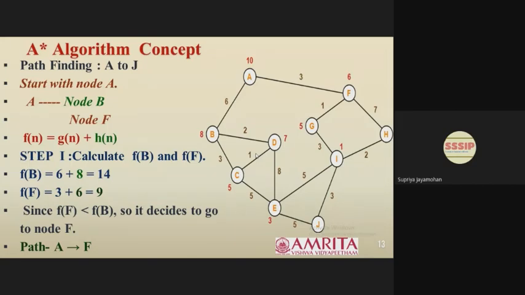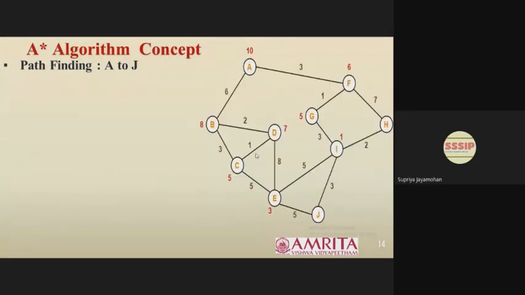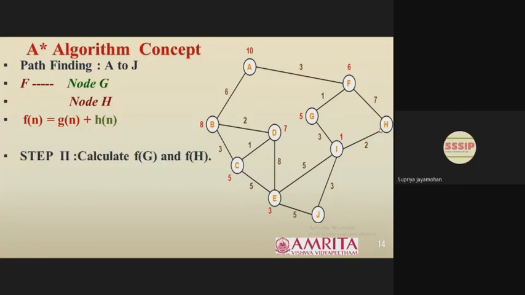So we move on to the next node. How are we going to start from the position F? We have reached from A to F. From F, you could see we have two possibilities, G and H. Which one are we going to select? If we are going to select, we need to naturally calculate the function of the A star given by f of n is going to be equal to g of n plus h of n.